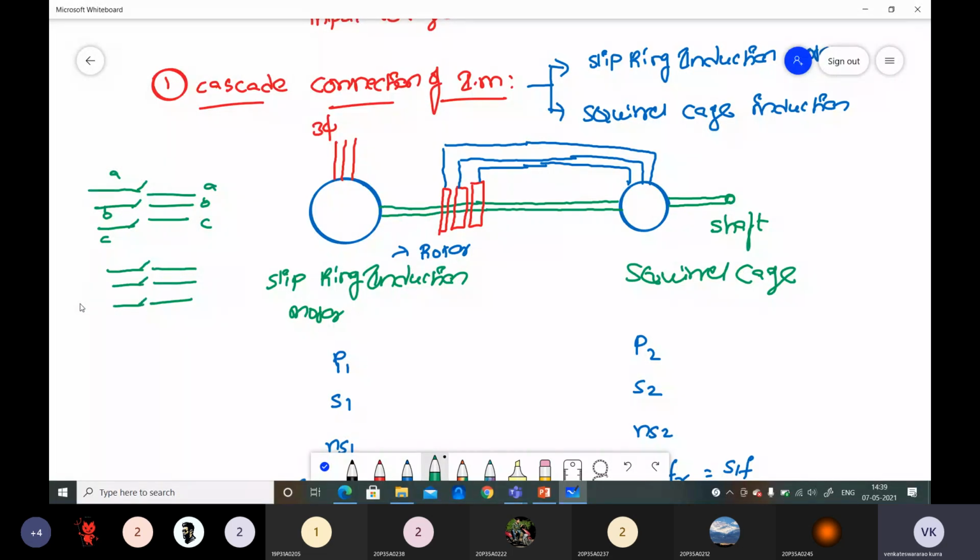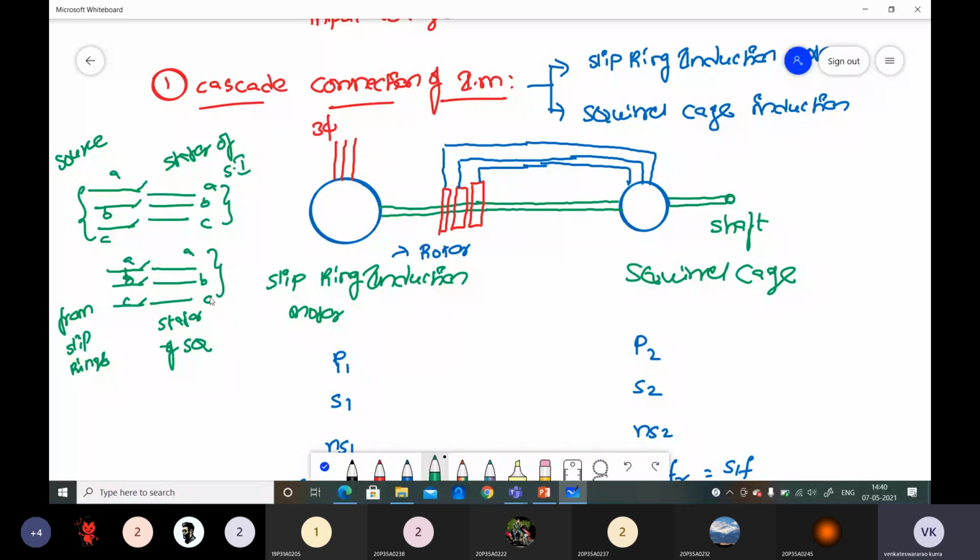This is from the slip rings. This is from the source. So here this one is A, this one is B, this one is C, this one is A, this one is B. Here, both the stators: this is the stator of the squirrel cage induction motor, and this is the stator of the slip ring induction motor. Both the stators are supplied with the same phase sequence, ABC and ABC.